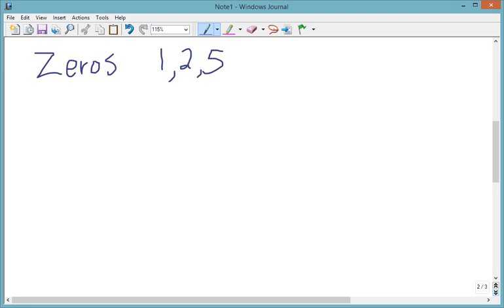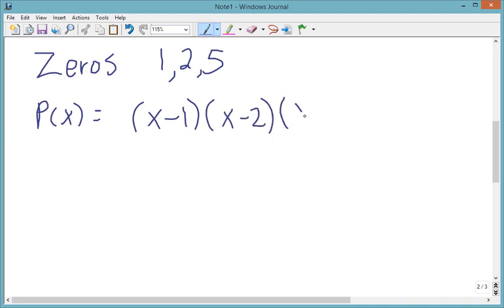So my polynomial, I'll call it p of x, is going to have a factor of x minus 1, a factor of x minus 2, and a factor of x minus 5. Now, there could be a number out here in front, right? And I could stretch it or I could shrink it, but basically those are the only factors if I know it's a third degree polynomial, right? Those would be the only factors if those are the only zeros.